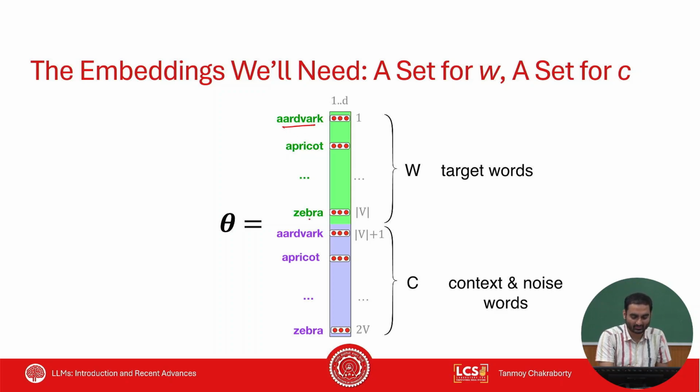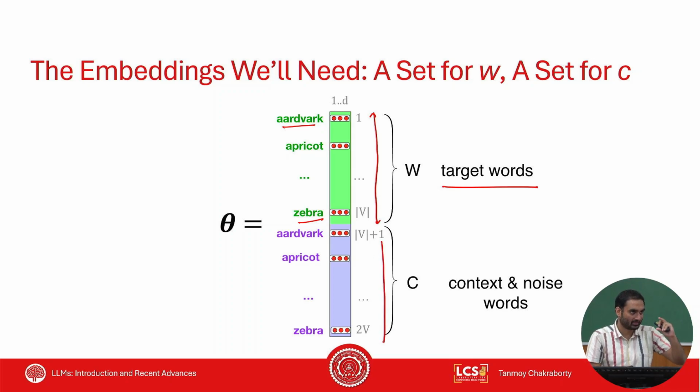The words start from aardvark to, let's say, zebra. This mod V size part of the matrix corresponds to the target words, and a similar mod V size submatrix corresponds to the context words. Just as an example, let's say the target word is aardvark and the context word is apricot, and apricot is a positive context for aardvark.